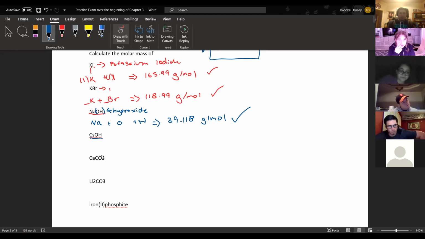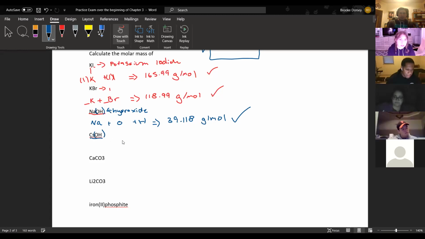So now going down, we got this compound. What do we call this? Cesium hydroxide. So we get this by adding cesium plus oxygen plus hydrogen. And again, we don't need to multiply them by anything because we only have one of each.